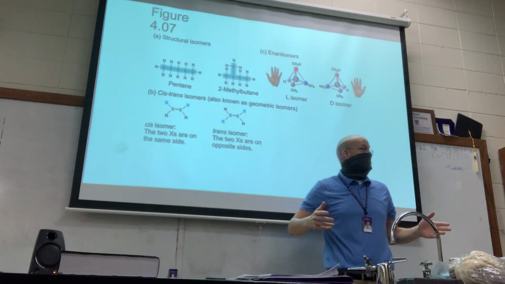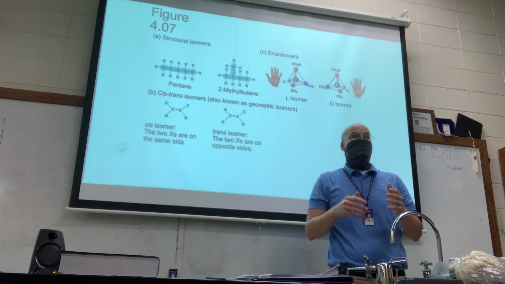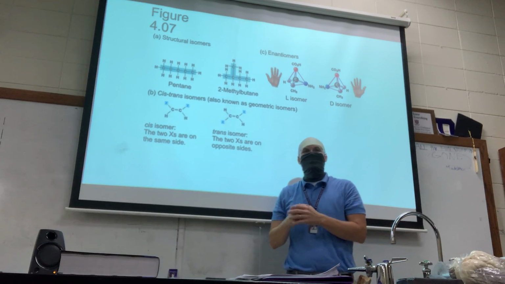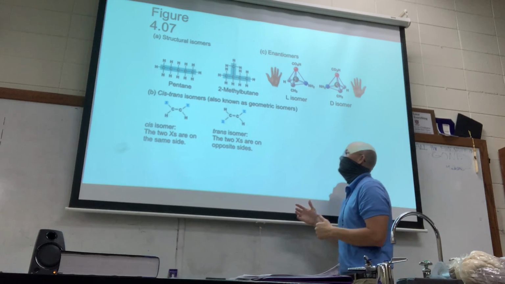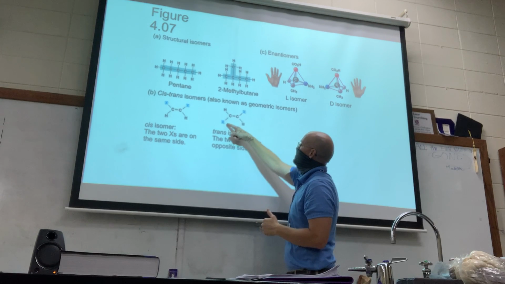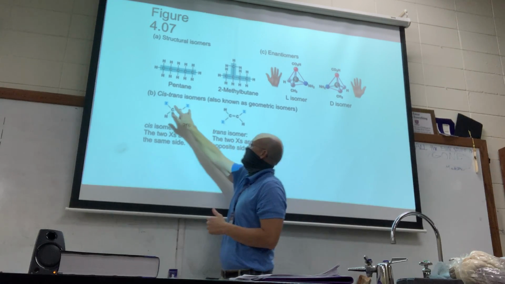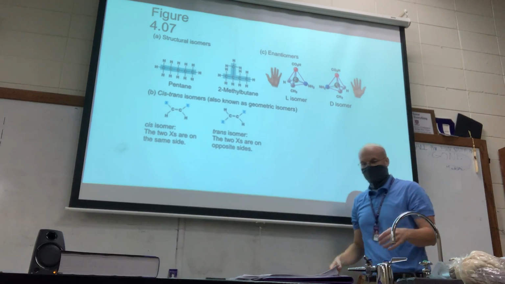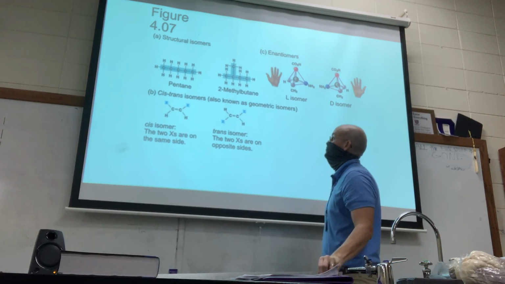And the opposite orientation is referred to as trans. That is a trans orientation. So here we have a trans isomer versus the cis isomer. Trans meaning opposite, cis meaning the same.